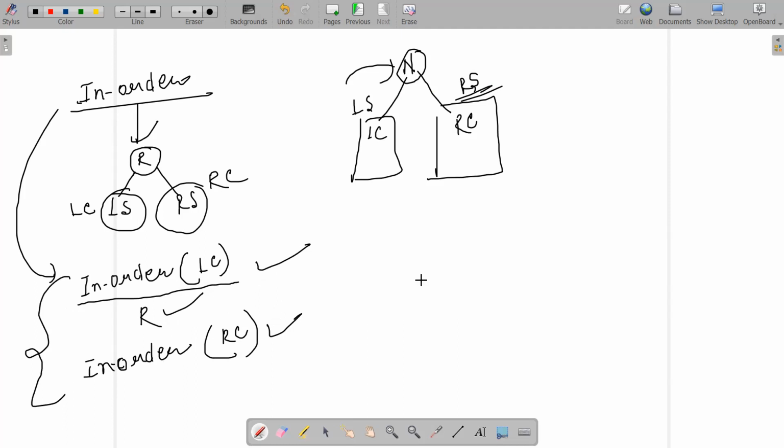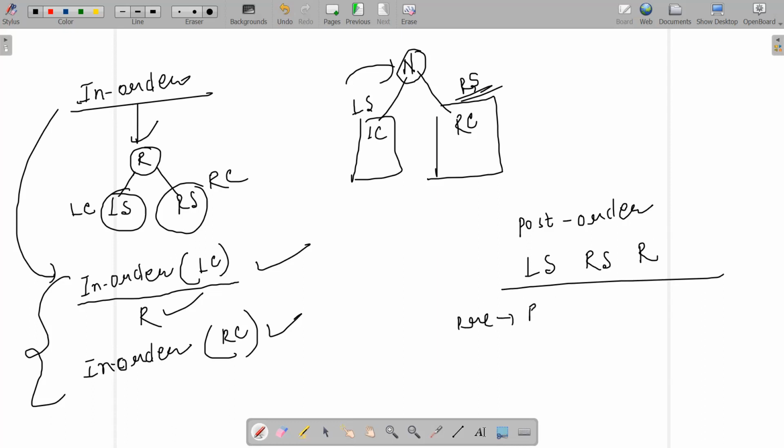What about the post-order traversal? Tell me that. Any ideas? Post-order traversal, what needs to be done? First, you visit the left subtree, then you visit the right subtree, then you visit the root. That's it. That's the sequence. If it is pre-order, then the root comes first: root, left subtree, right subtree.